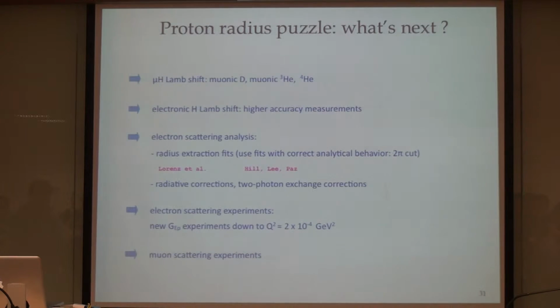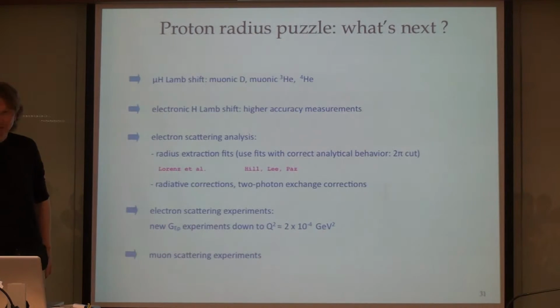So if you scatter muons precisely from a proton, you should also see deviations when you compare them with electron scattering. Such experiments have been proposed at PSI in Switzerland, and will be done in about 3 years from now. I will come in somewhat more detail about these things in the second lecture.